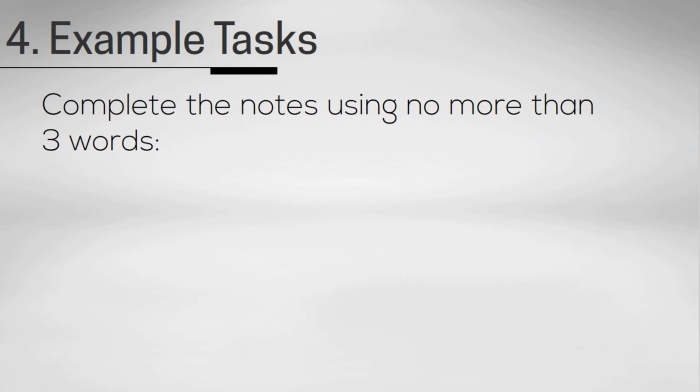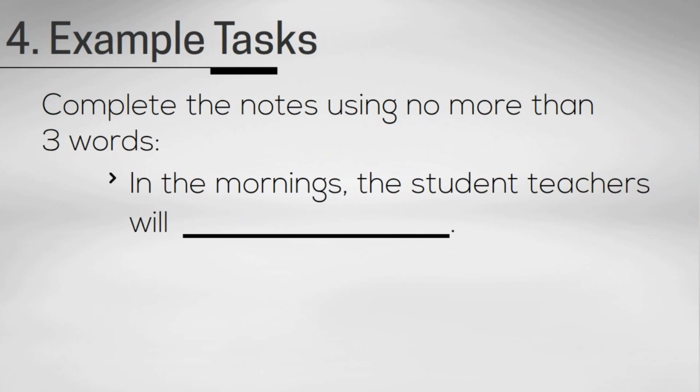Let me give you some examples of some questions that you may be asked. Have a look at the first one. In the mornings, the student teachers will... We have to try to guess the missing words. Now, we don't know exactly what the speaker will say, but we can try to make a prediction.